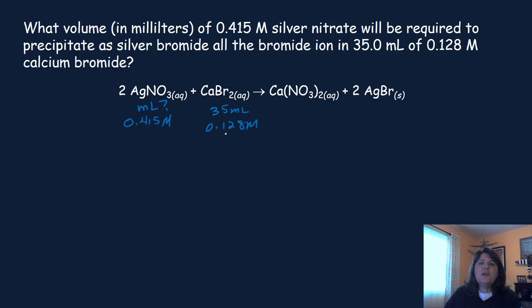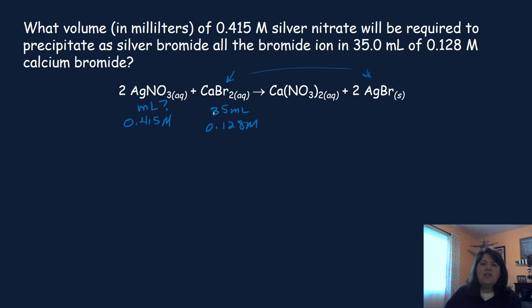The question is, how many milliliters of silver nitrate do I need to get all of the bromide ions gone? They're all going to end up in there. So how many milliliters of silver nitrate do I need to make all of the bromide ions gone?